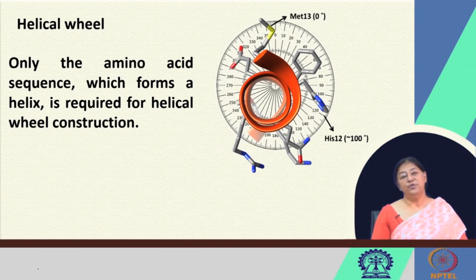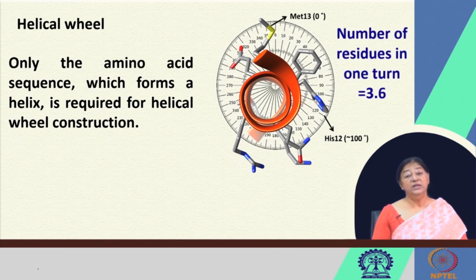Now, looking down the axis of the helix, we understand that the number of residues needed for one complete turn of a regular alpha helix is 3.6. Given that a complete circle is 360 degrees, when we go from residue number 1 to residue number 2, we go through a rotation of 100 degrees and the rise is 1.5 angstroms.